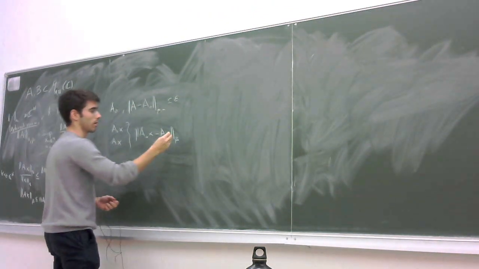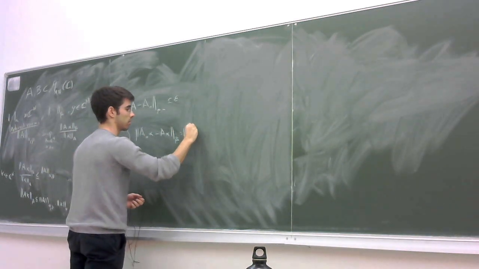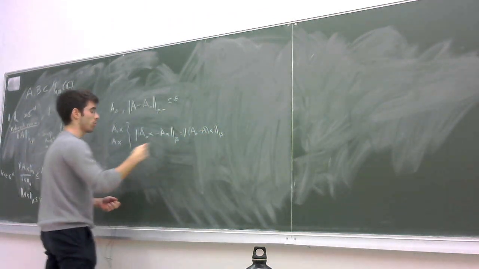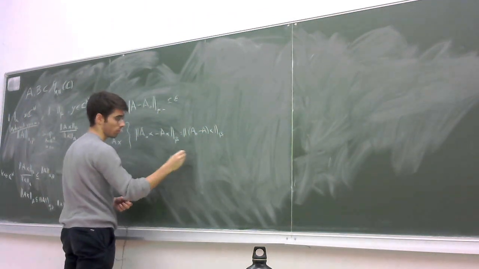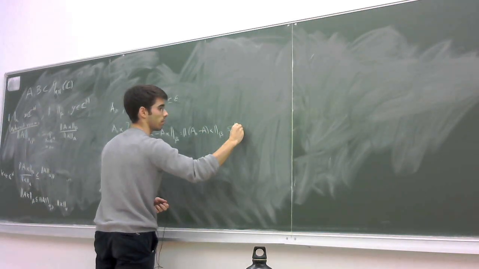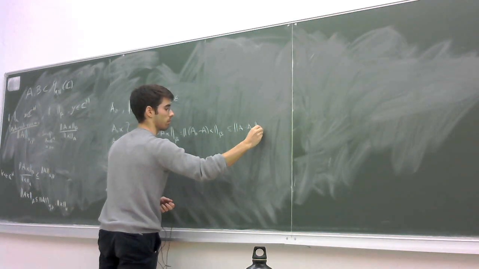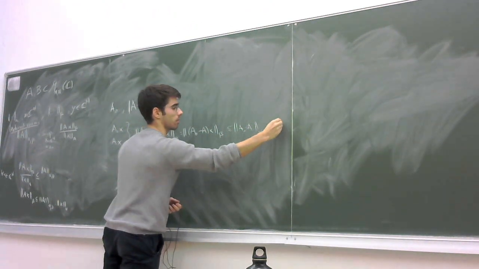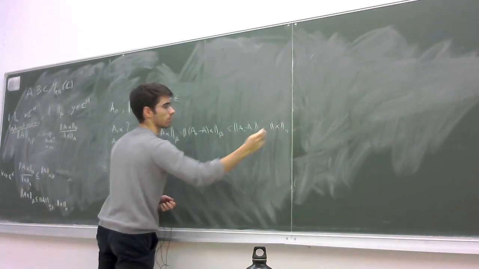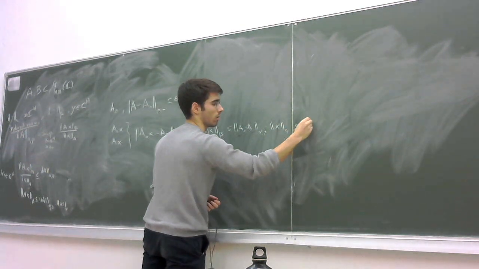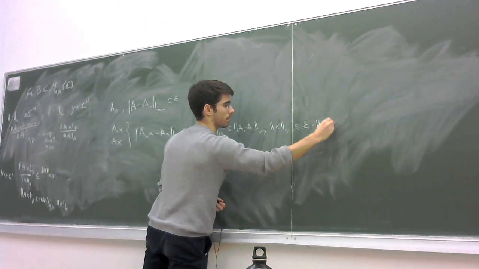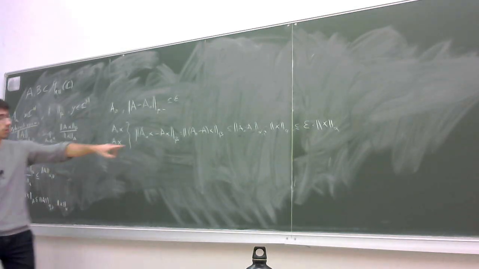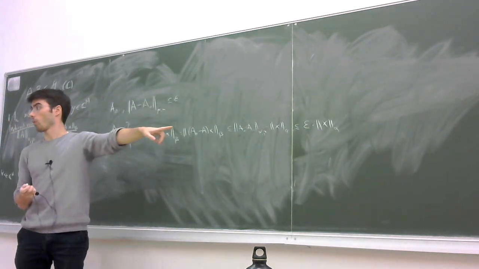I hope you see that this is the same as this, and now using that property for induced norms, we have this. Let's change the order, but this doesn't matter. And now we use that this difference is small, and then the difference between these two vectors has to be also small.